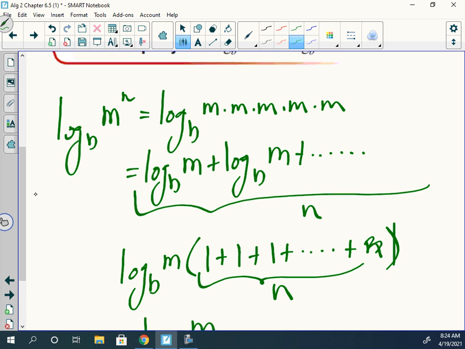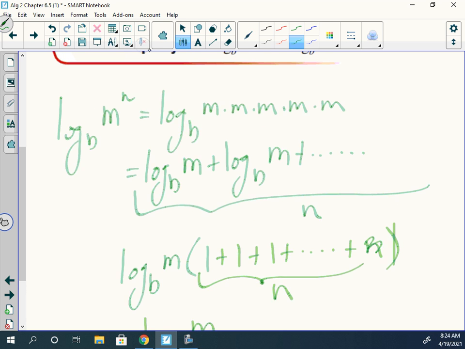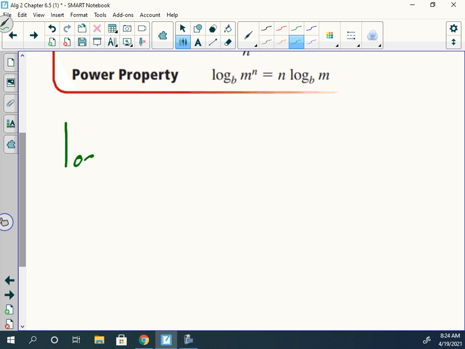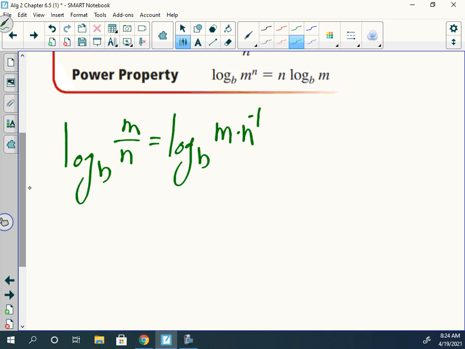And the quotient rule is kind of the same way. If we know that the product and power rules work, the quotient works as well. Log base b of m divided by n. Because as we've worked with this before, I can move n into the numerator and change the exponent from positive to negative, because we get negative 1, because we moved it from the denominator to the numerator.